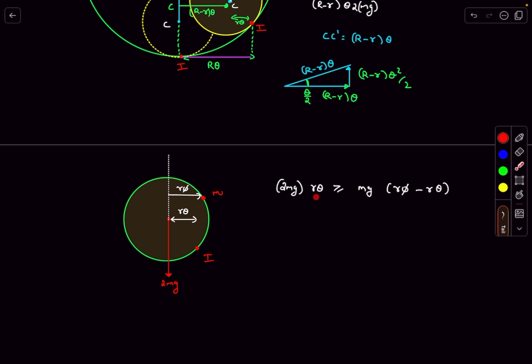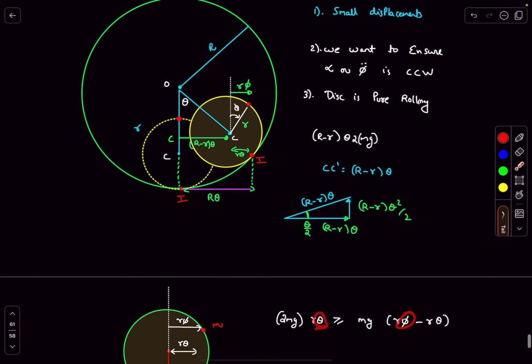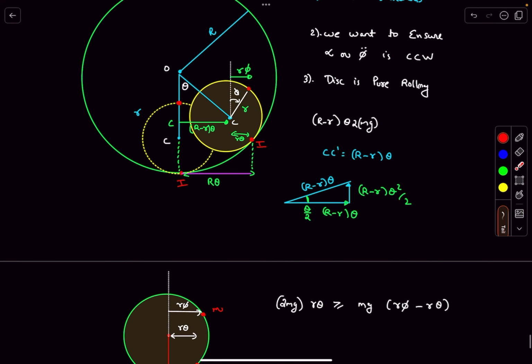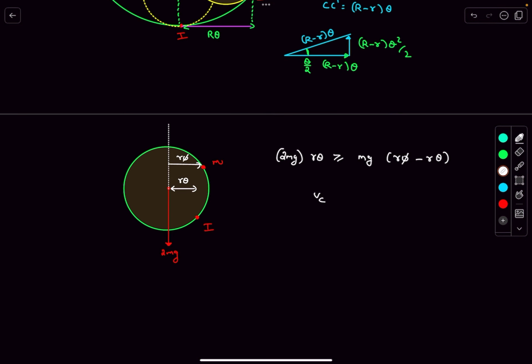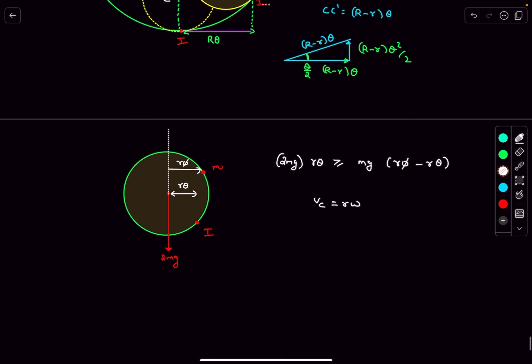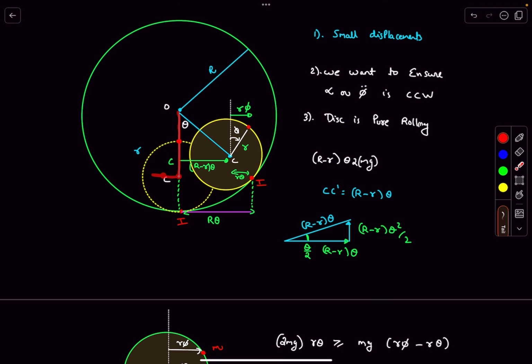Now we need a relation between theta and phi. For that we can use the rolling condition. We know for rolling, the velocity of the center of mass should be equal to r times omega, right? Here, if you observe, the center of mass is just moving in a circle of radius capital R minus small r. So the velocity of the center of mass, I can write as capital R minus small r times theta dot.